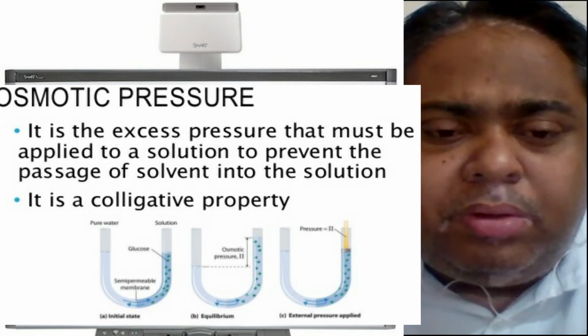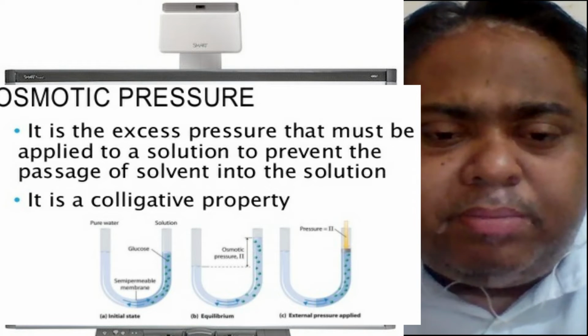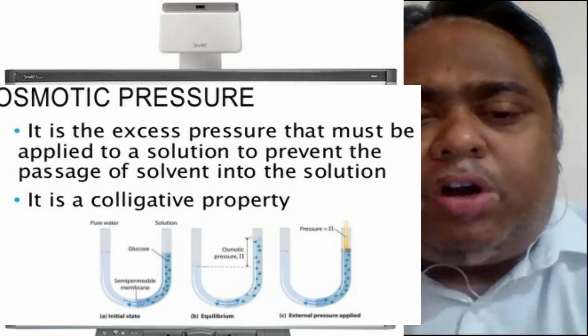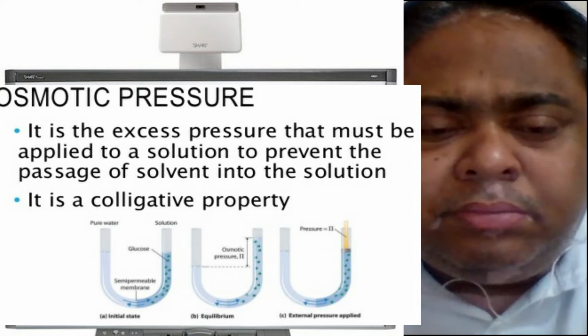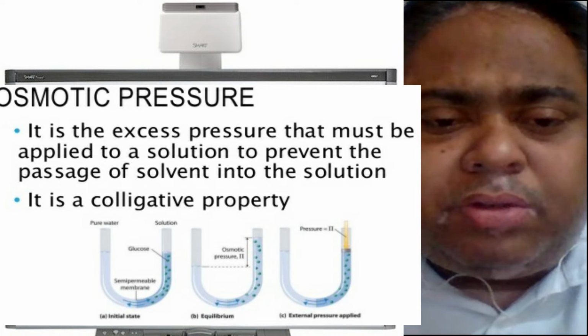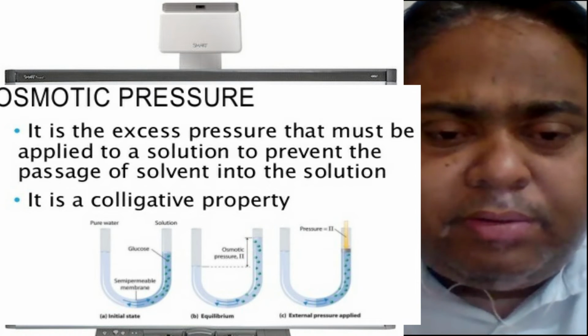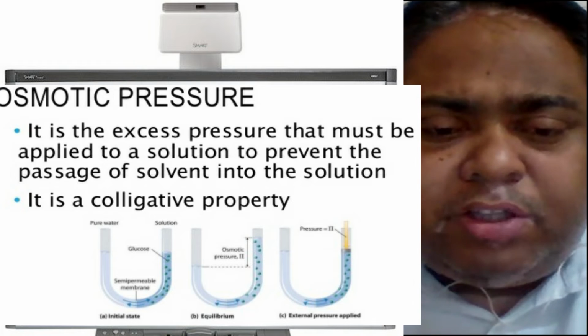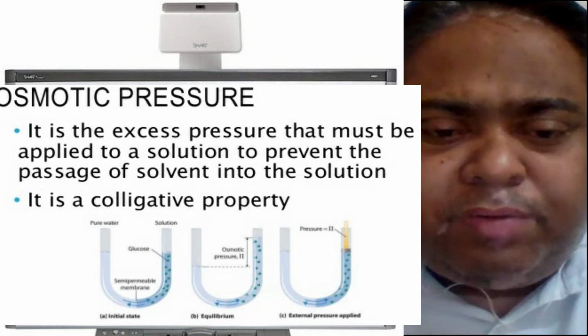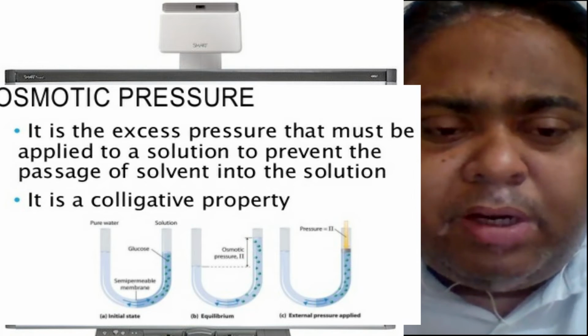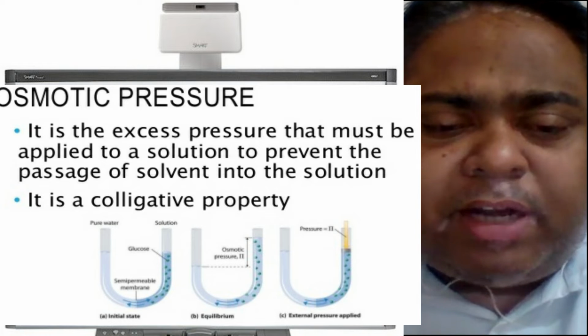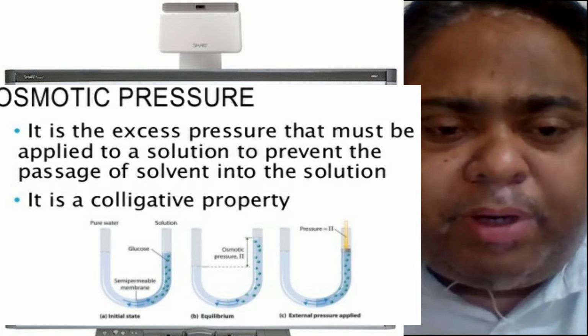So the increase or decrease in the partial pressure of any solute in a solvent, or even the partial pressure of the solvent molecule, the relative change in that, is a type of colligative property.